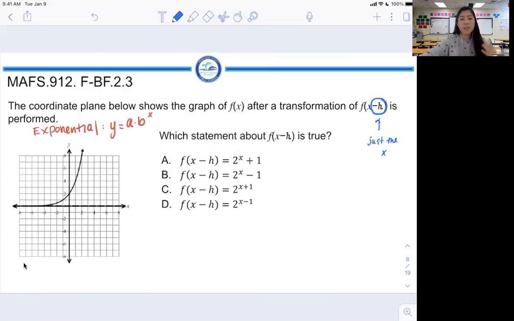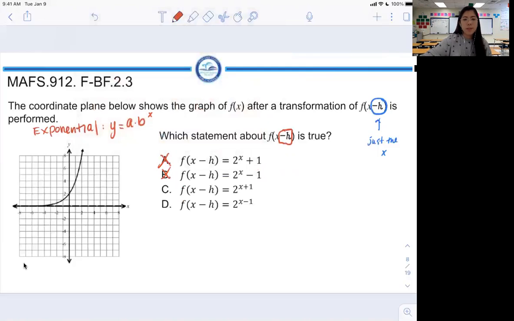So which answer choices can I take out because they're adding it to the whole function? Right, A and B. A and B are adding 1 and subtracting 1 to the whole function. And we already know that it should only be subtracting it to just the x. And then, since I know I'm subtracting, this is pretty easy.